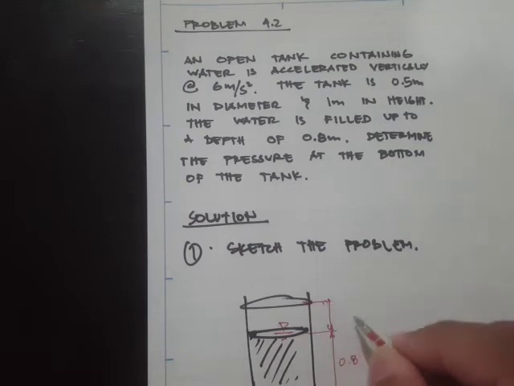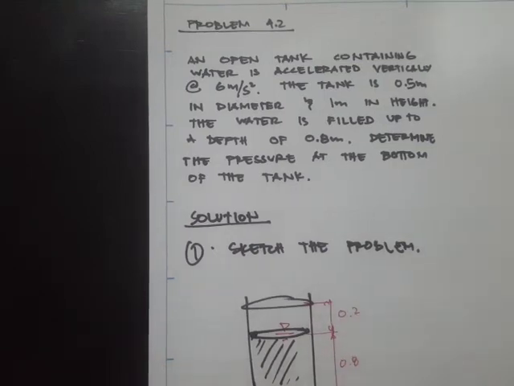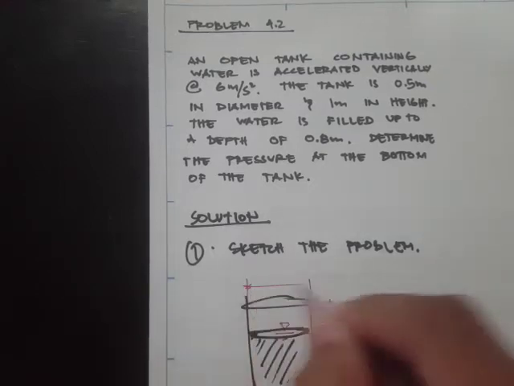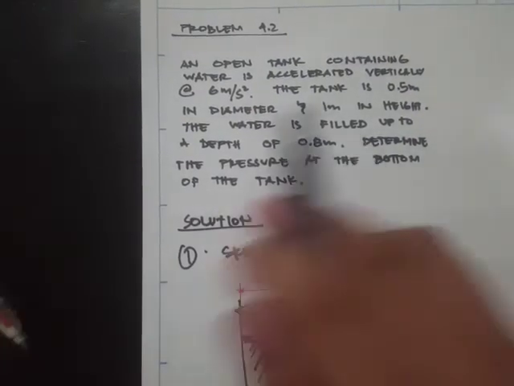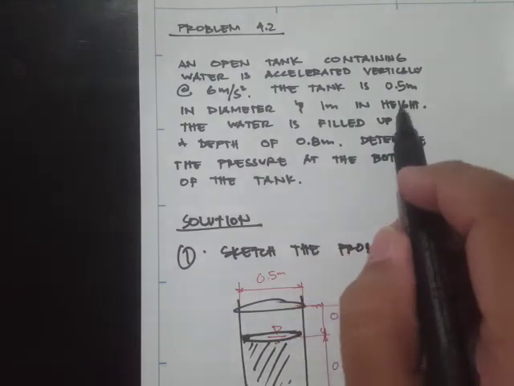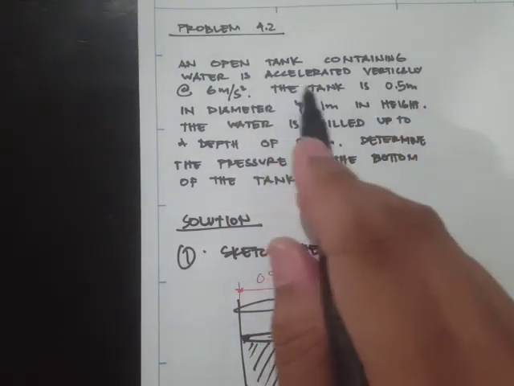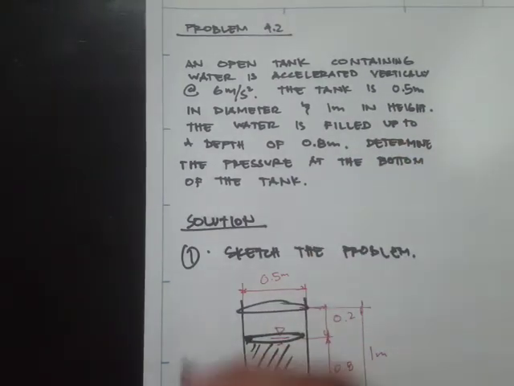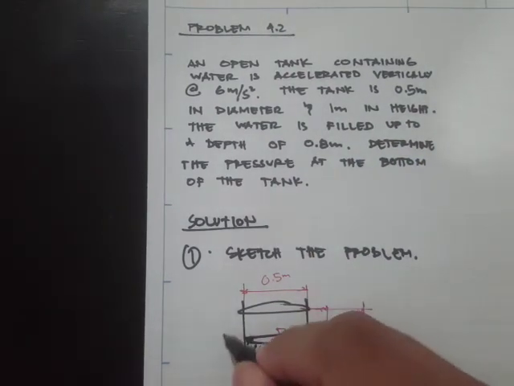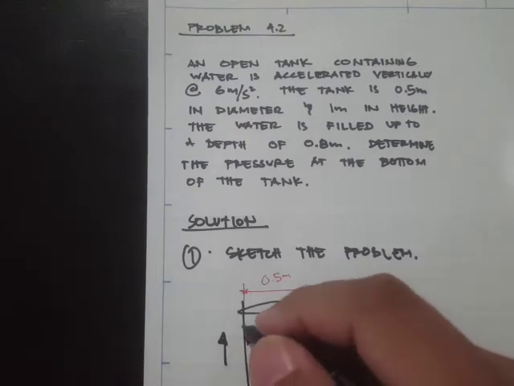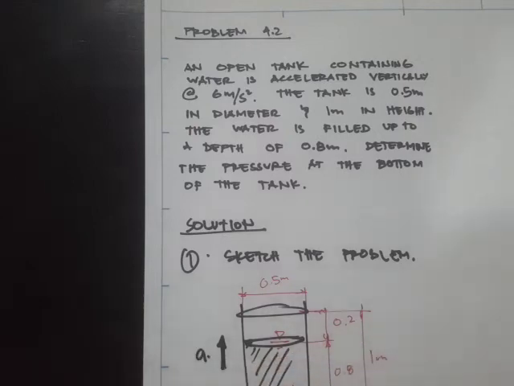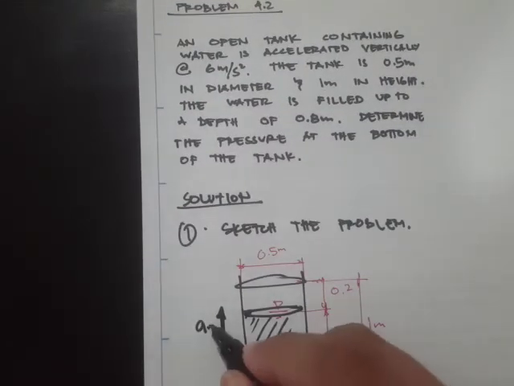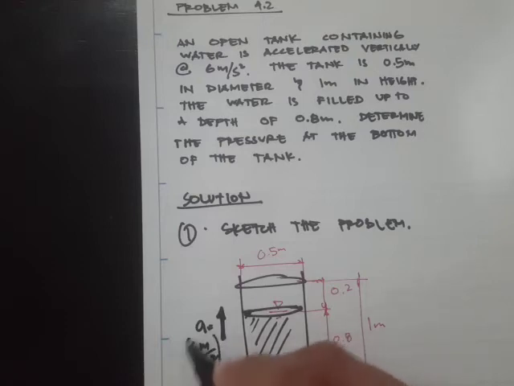This would be 0.2, then this will be 1 meter, and we have a diameter of 0.5 meters. It says the tank is accelerated vertically, and since it's not saying if it's downward or upward, let's say this is upward. This is our acceleration, and the value is 6 meters per second squared.